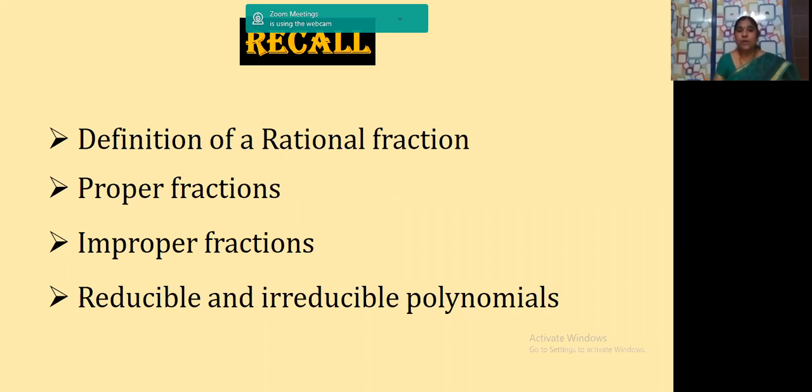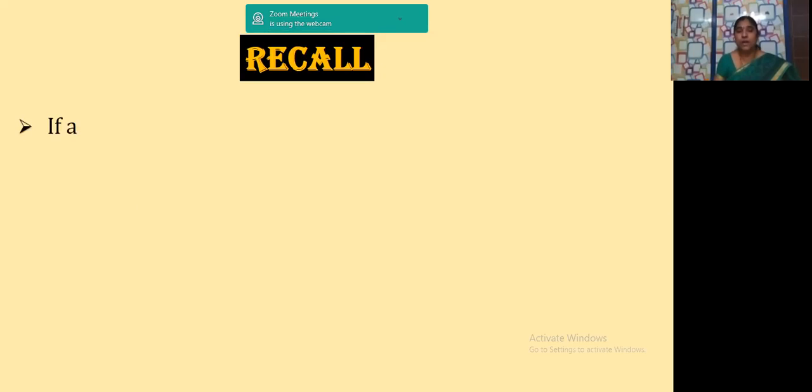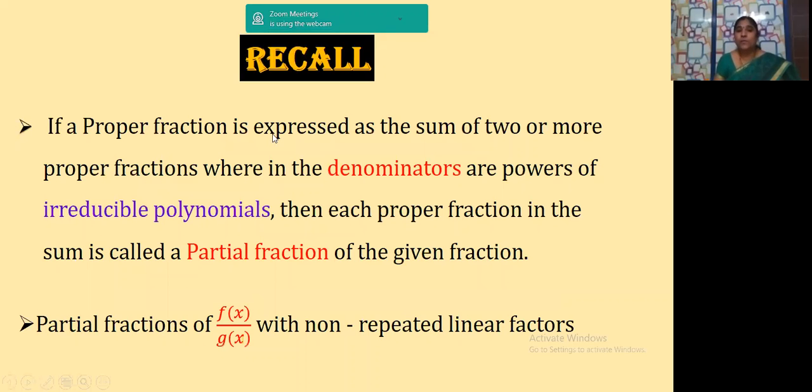Now, what else did we learn in the previous session? Rule 1 also, children. What is rule 1? If a proper fraction is expressed as the sum of two or more proper fractions wherein the denominators are powers of irreducible polynomials, then each proper fraction is called a partial fraction. So what is a partial fraction?